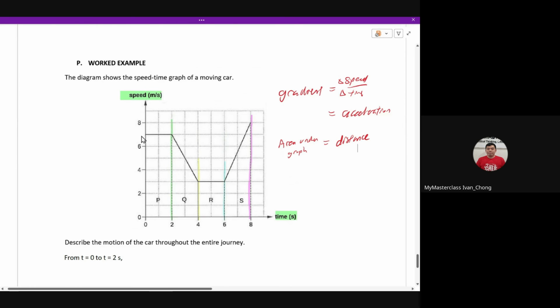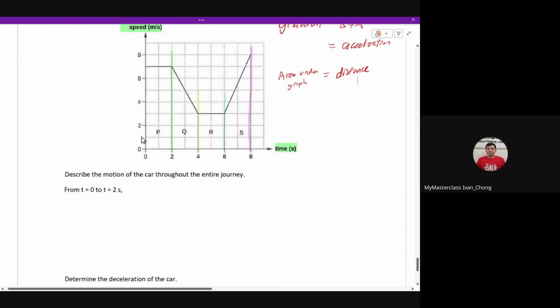All right, so first things first, let's discuss. So you see a horizontal line here, right? Horizontal. So what does that mean? Gradient is 0. So because gradient is 0, how do we describe? So you can just say the car is moving with, because you have 0 gradient, 0 acceleration.